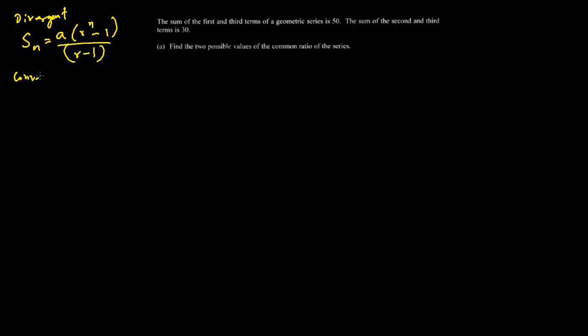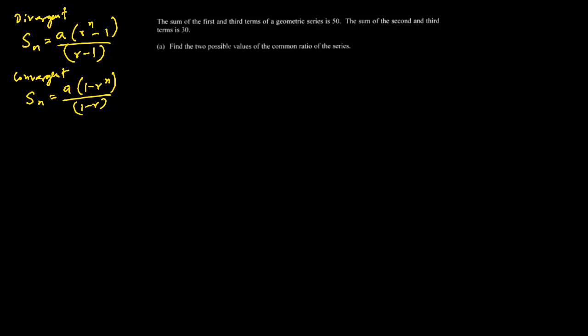On the other hand, if it is convergent, for a value of r whose absolute value is less than 1, regardless of plus or minus, say 1 by 3, then the sum of n terms is going to be a into 1 minus r to the power n divided by 1 minus r.